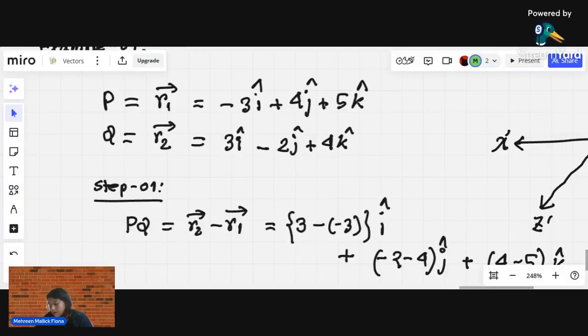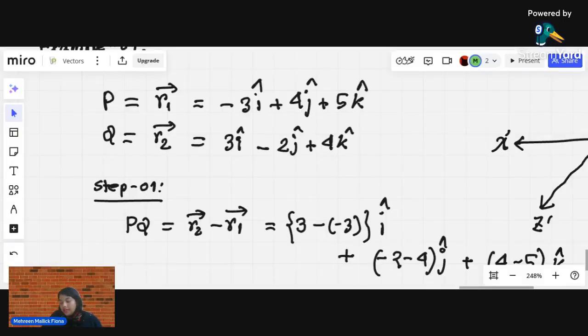The resulting output would be 6i minus 6j minus 4k, which is also a vector. So if I want to do a similar operation in the case of addition, I would simply follow this procedure.